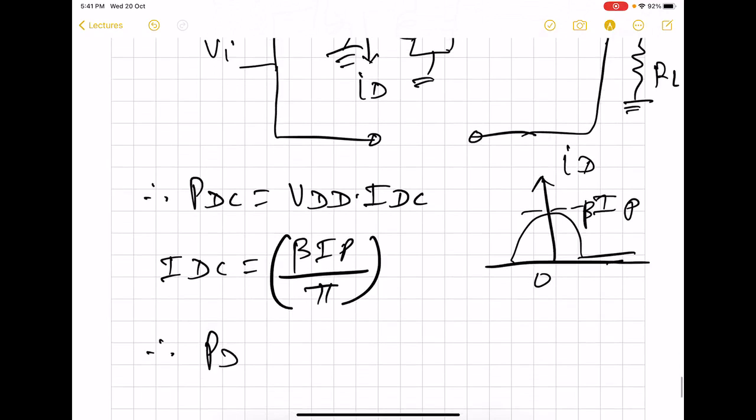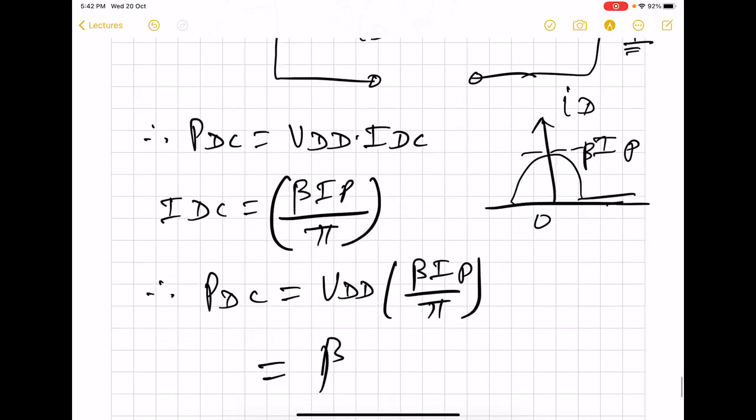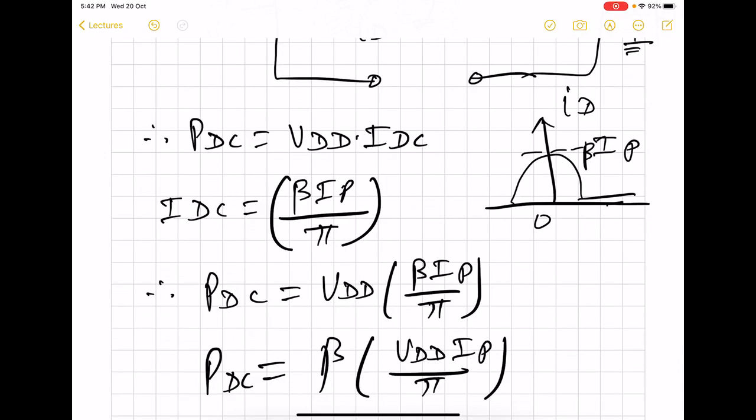So therefore PDC, for the main during the lower input case, is going to be VDD into beta IP by pi, which becomes beta VDD IP by pi. So here we see that as the input varies, the DC power consumed by the main MOS is also varying.